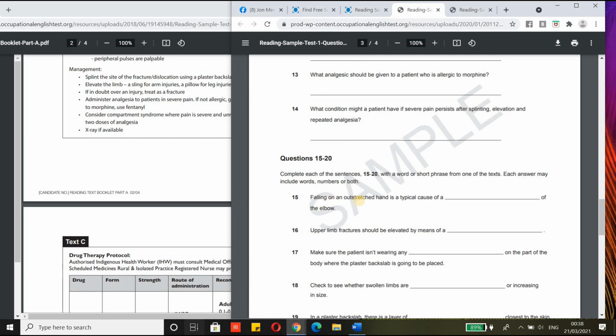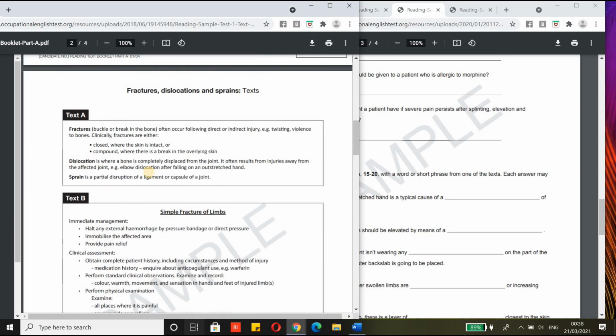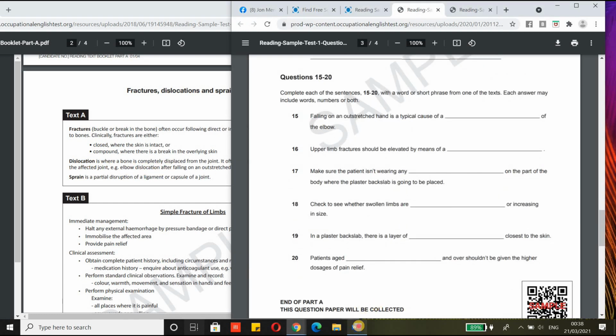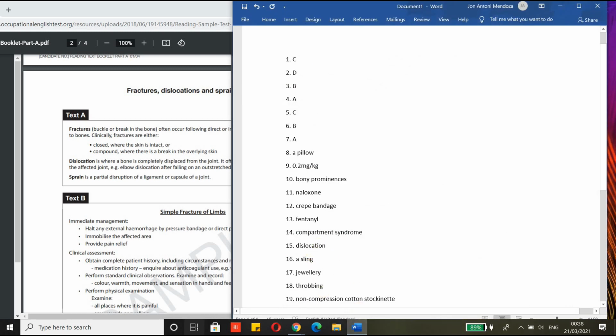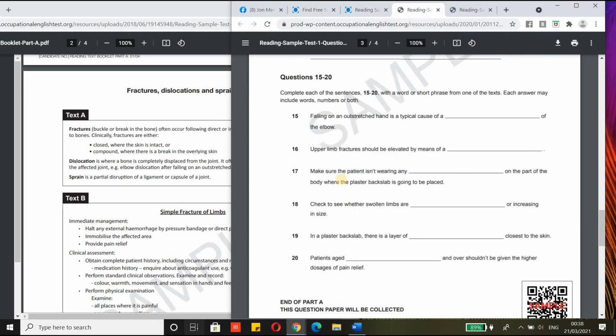Falling on an outstretched hand is a typical cause of blank. So we've seen the outstretched hand here. So dislocation. Elbow dislocation. Because the question is already put here of the elbow, so I just need to put the word dislocation.